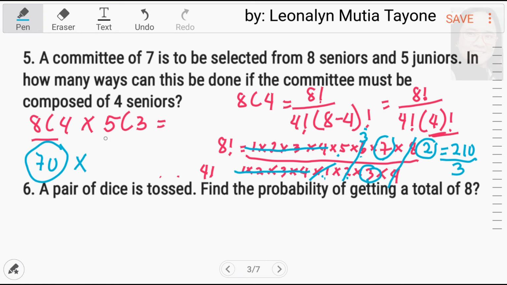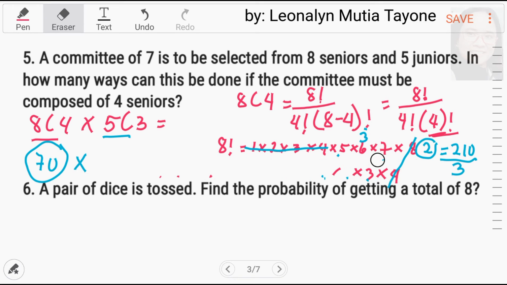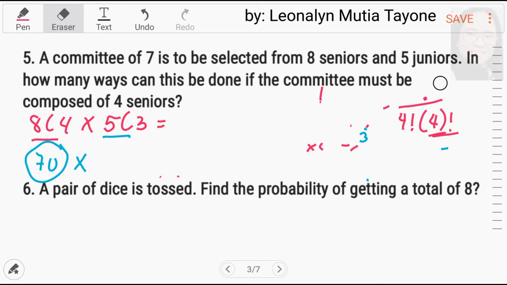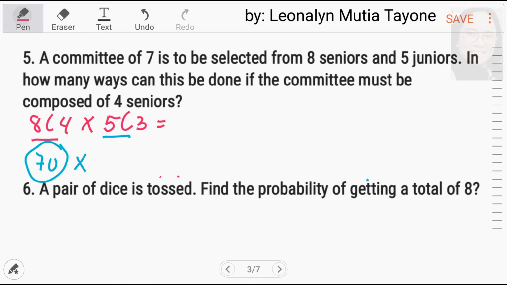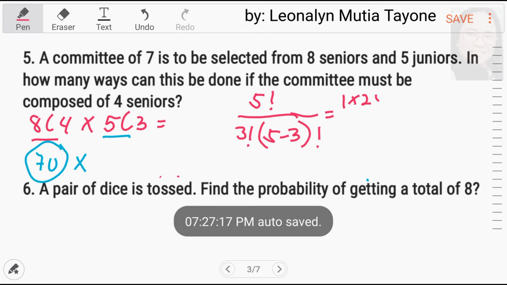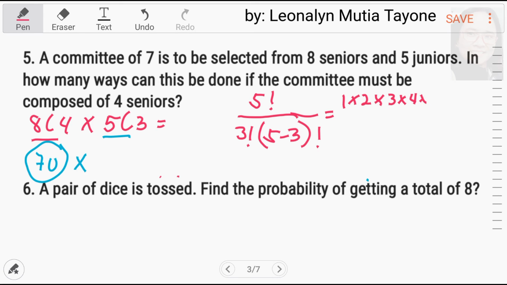I-multiply pa natin yan dito. I-delete muna natin ito. Ganon din ang gagawin natin. So, itong 5C3, ito yung nasa taas, factorial of 5 over factorial of 3 times factorial of 5 minus 3. Next. So, itong factorial of 5 is 1 times 2 times 3 times 4 times 5. Iniisa-isa lang natin.